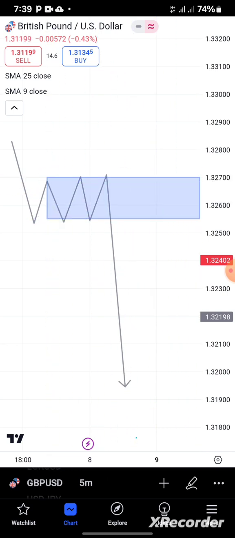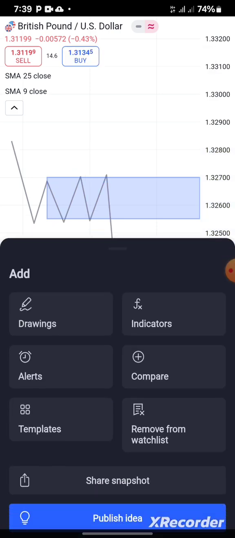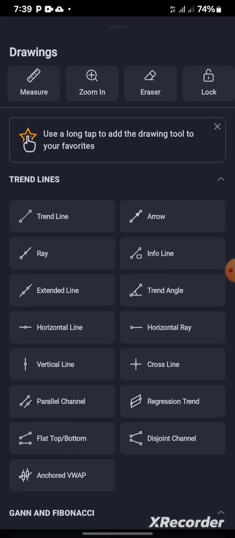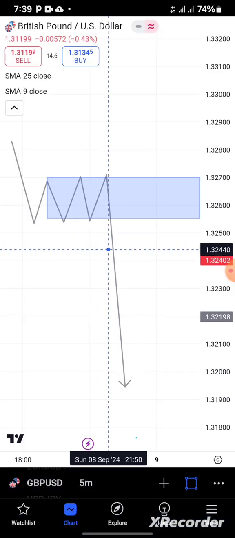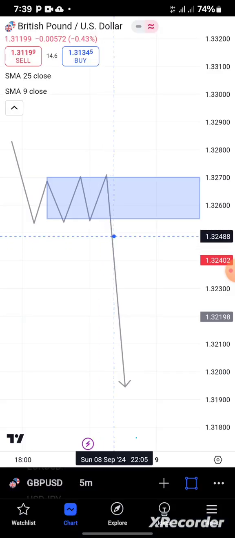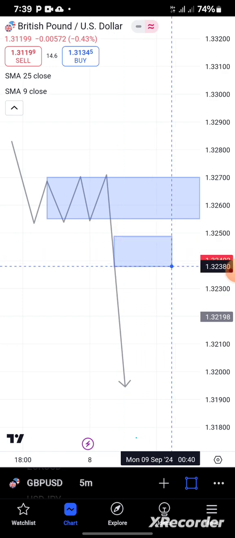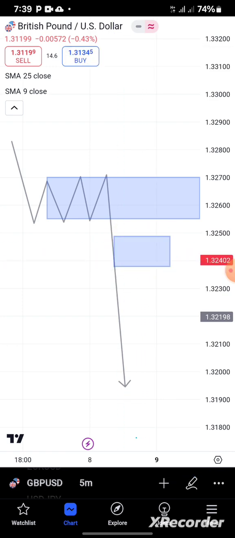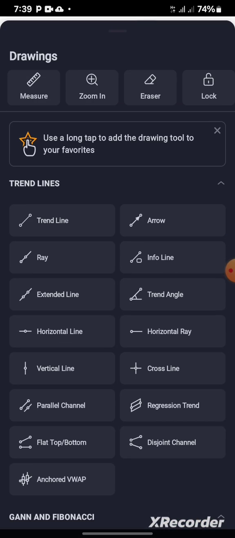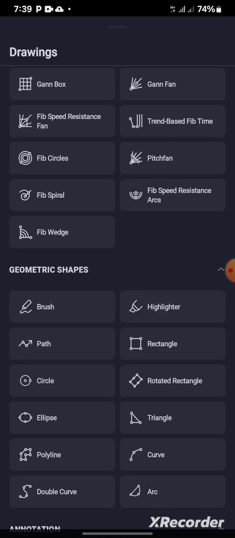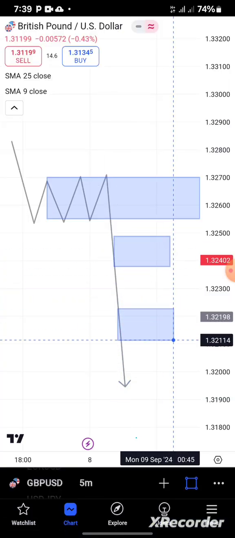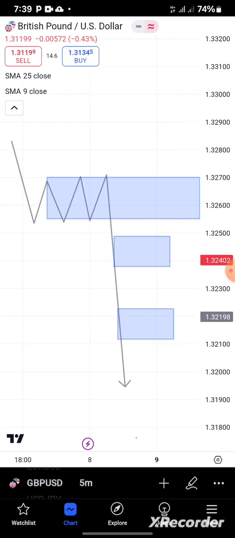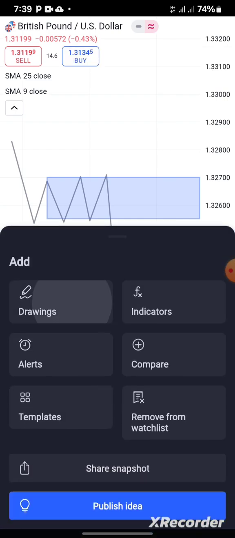Now it is more likely that price can make some fair value gaps between here like this, and makes another fair value gap maybe down here like this. So price is basically going to move like this.